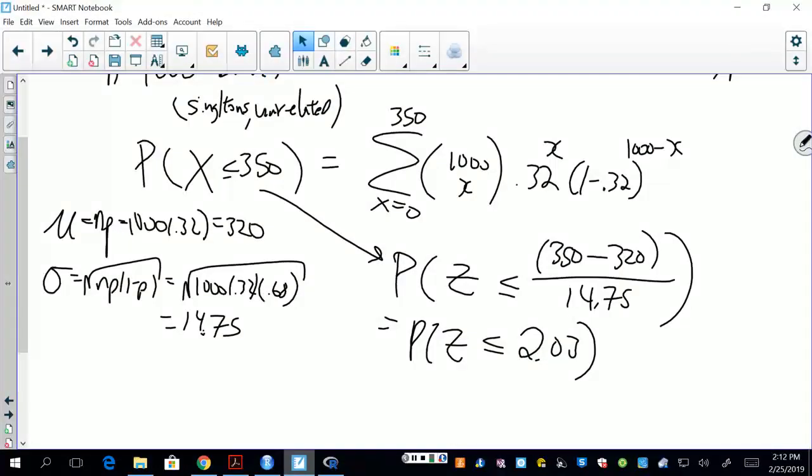That's a direct question, 0.9788. Almost 98% of the time, you're going to have 350 or less. So if you're ordering supplies that this hospital would need, you're going to have 1,000 births and about this many cesareans are expected. If you plan for 350, you should have enough supplies to cover the situation about 97.88% of the time.